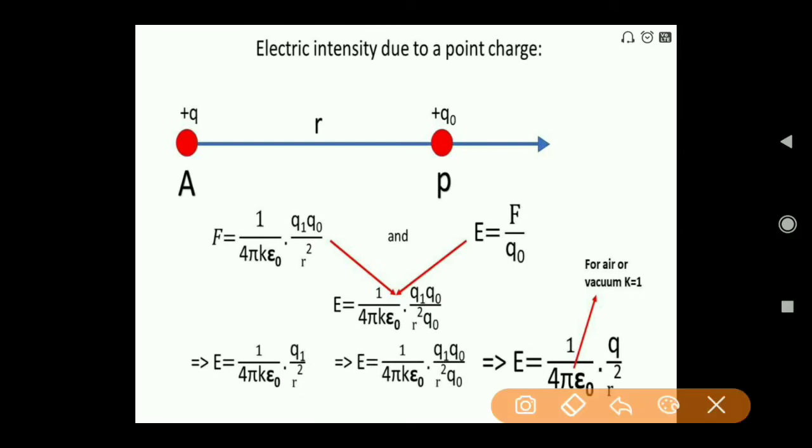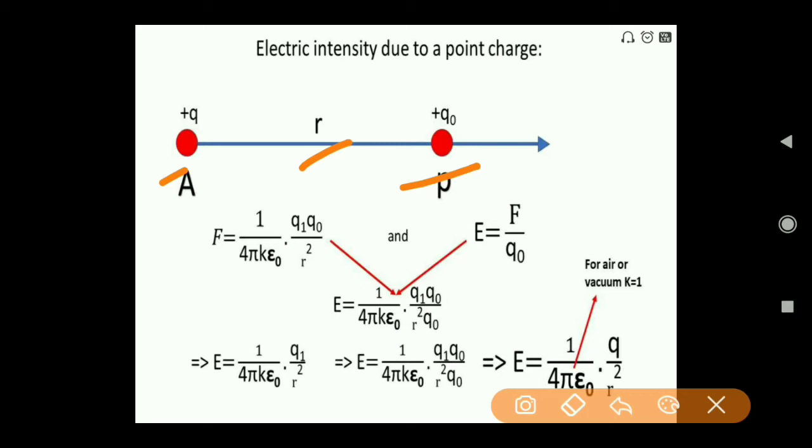But today our aim is to find the exact value of the electric field intensity at a certain point due to any point charge. So for that, see the figure. I am keeping a plus Q charge at the point A, and our aim is to find the electric field intensity at point P, which is r distance from this parent charge Q. So the procedure is the same.